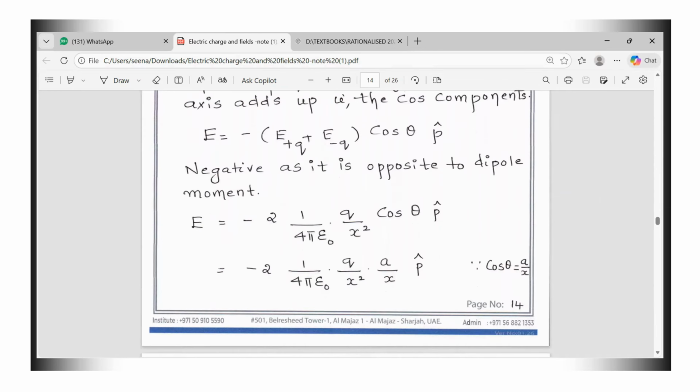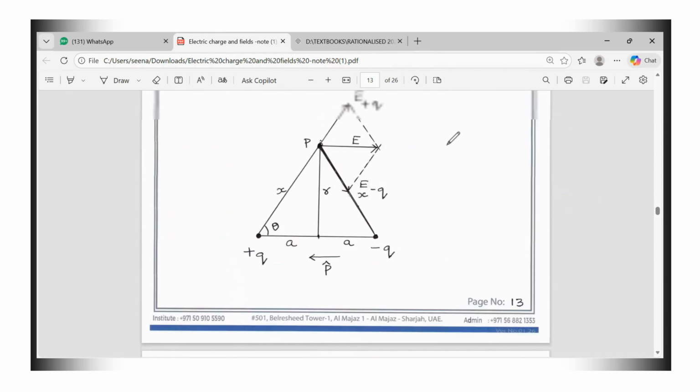Here in the textbook, they have written it with respect to P. Just check that the electric field is from left to right, but the dipole moment is in the opposite direction. So 2 times E q cos theta is the magnitude, but it is opposite to the dipole moment.